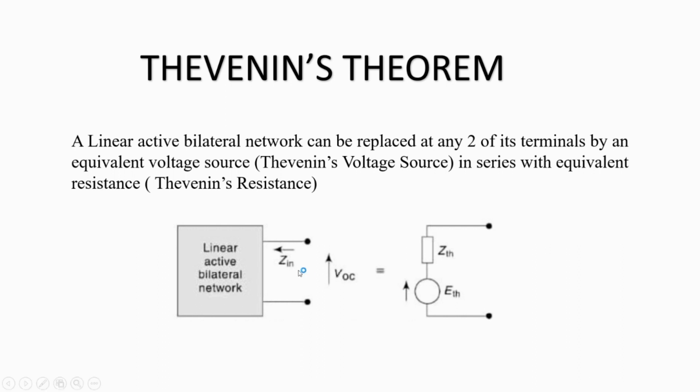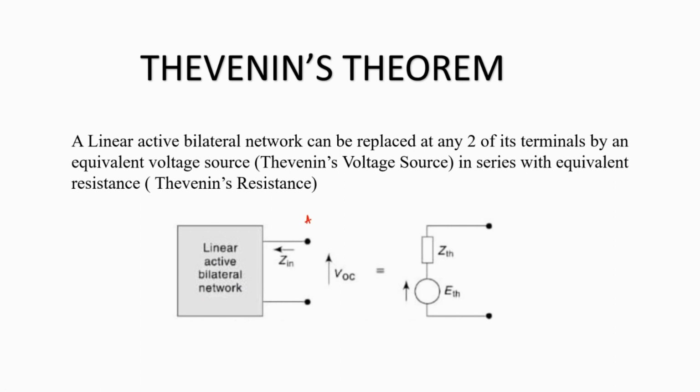It means that if I have a circuit that appears in this manner, that is, there is a complete network, a linear active bilateral network made up of resistors, etc. And that would be connected to a load across these two terminals.